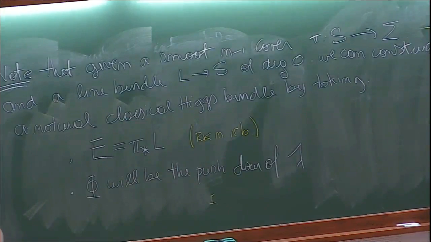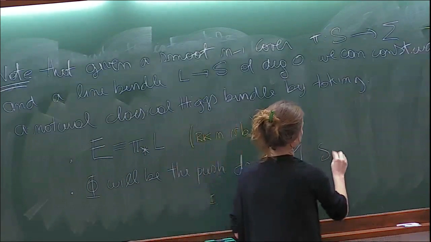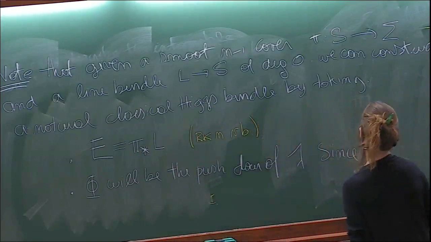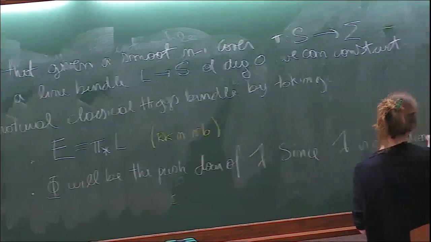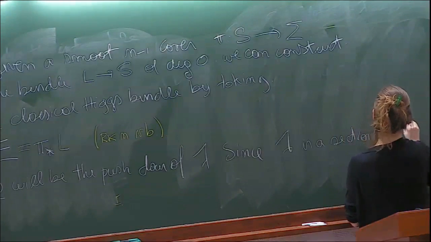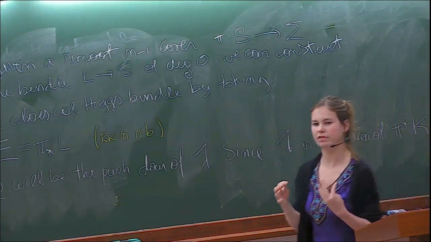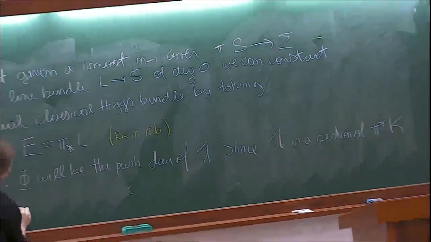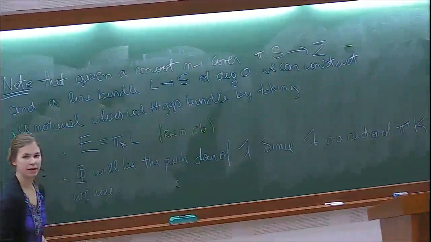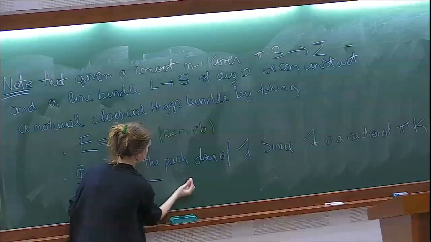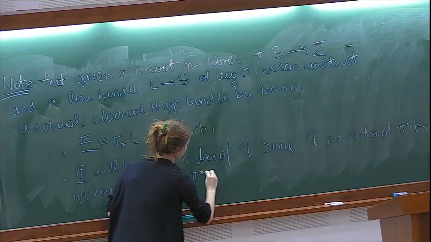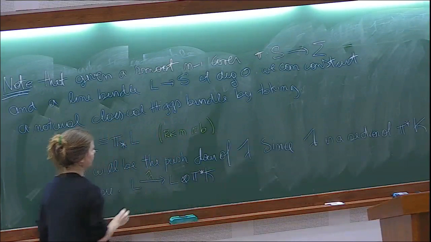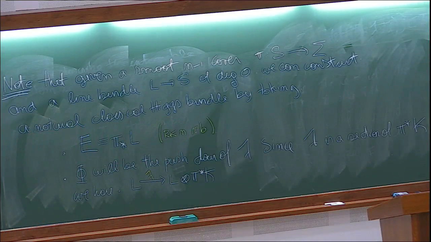Lambda was a section of the pullback of K. At the level of the spectral curve, we have a map just by multiplying by lambda from L to L tensored with the pullback of K. This is at the level of the spectral curve, so at the level of the n-to-1 cover.